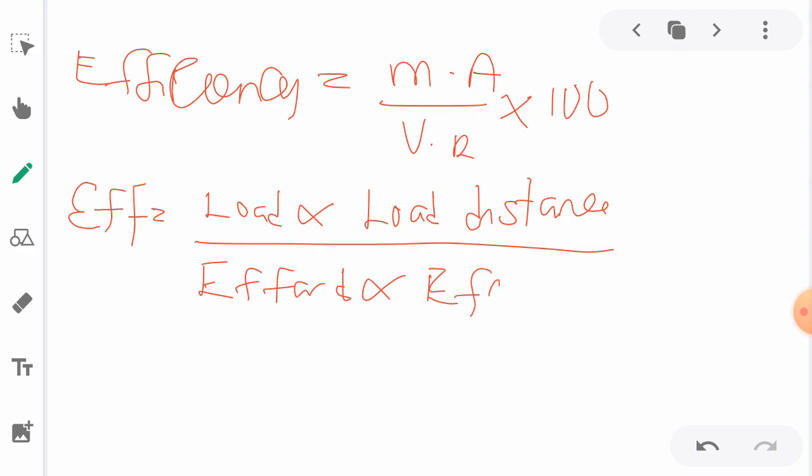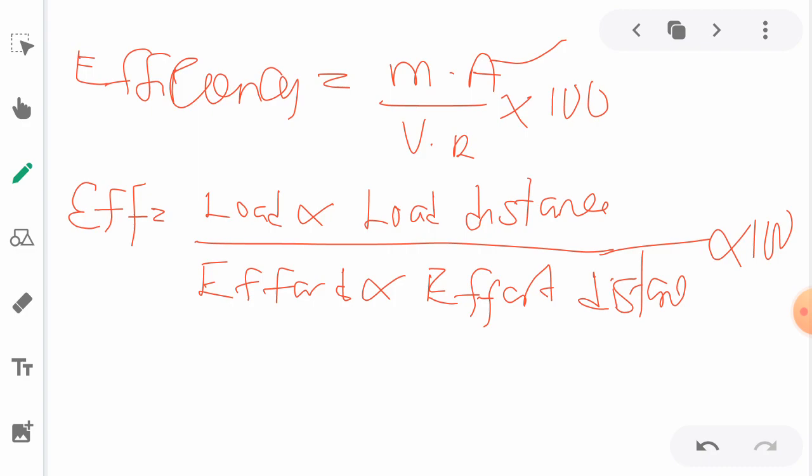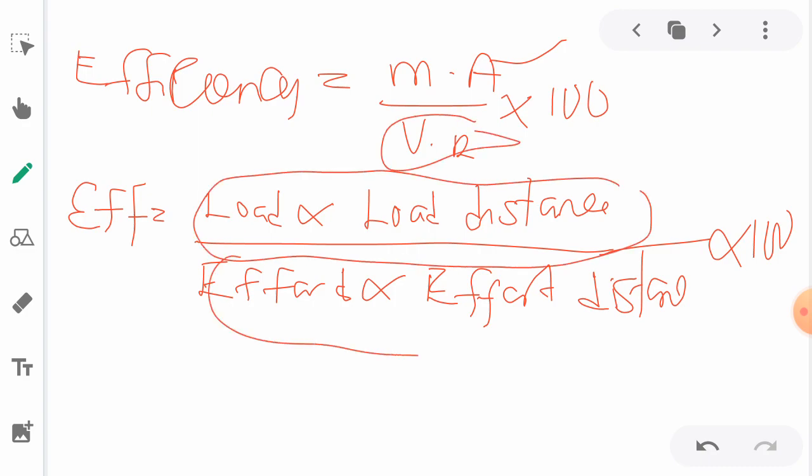So make sure you are following what I'm doing. It's not always that you'll be given mechanical advantage or velocity ratio. So whatever is up here is the same as what is here. Whatever is here is the same as what is here, and must be out of 100.